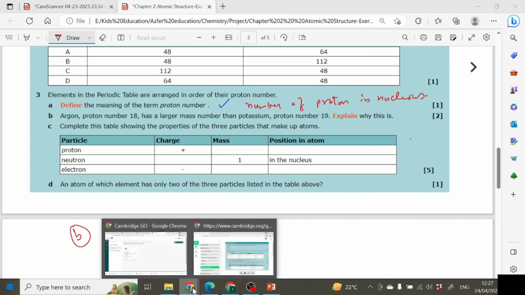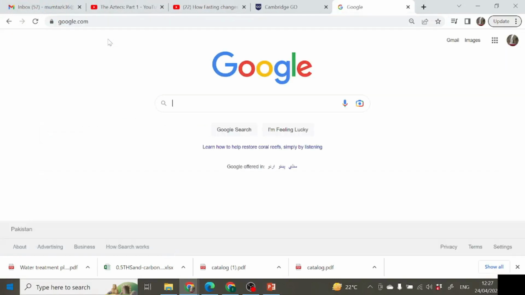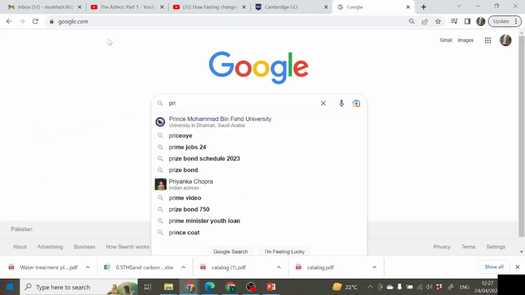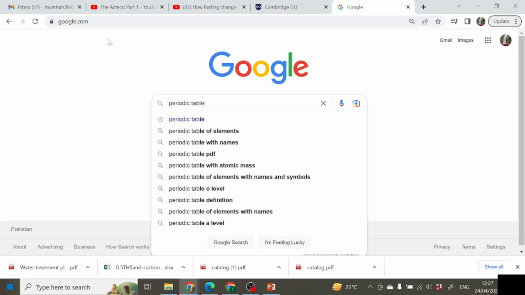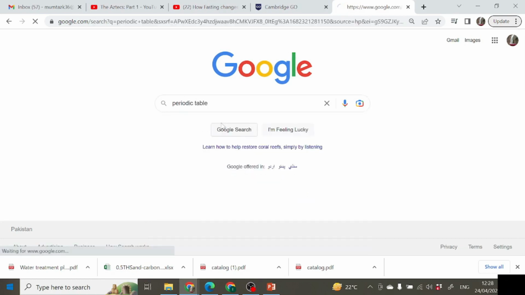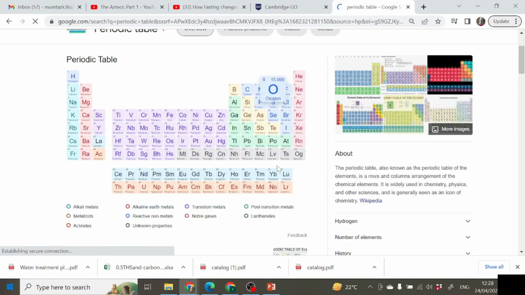So if we look at the periodic table, go to the periodic table. So here the mass of potassium is 39.08 and mass of argon is 39.94.